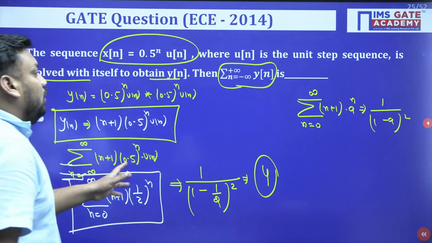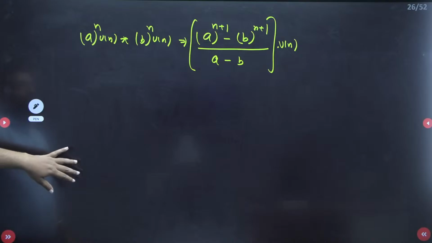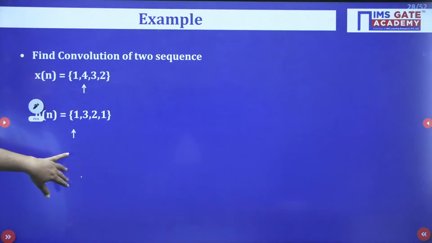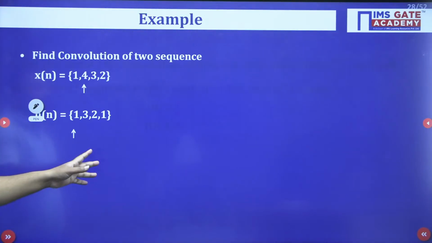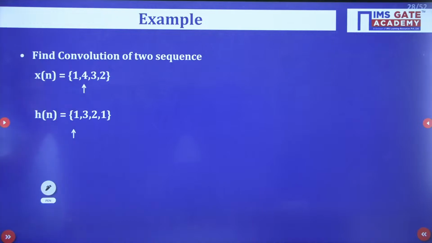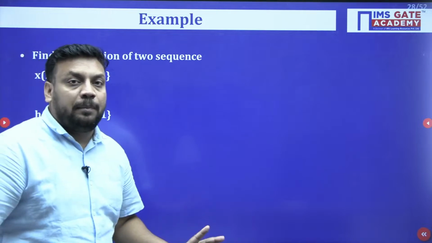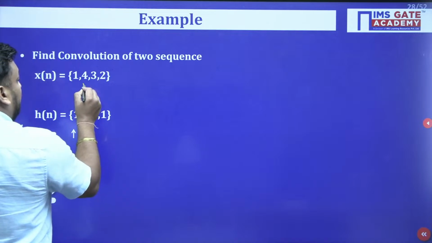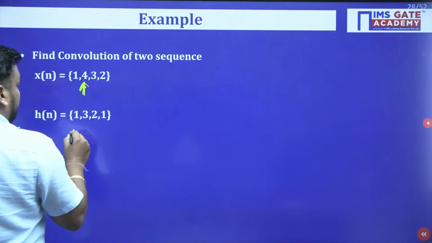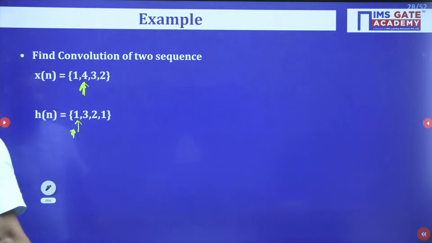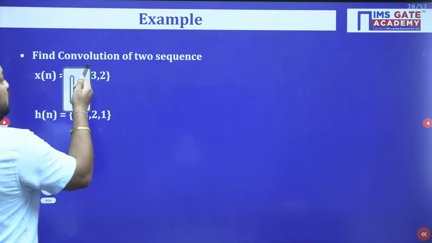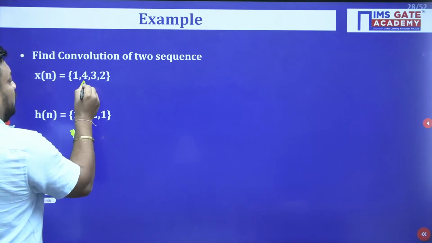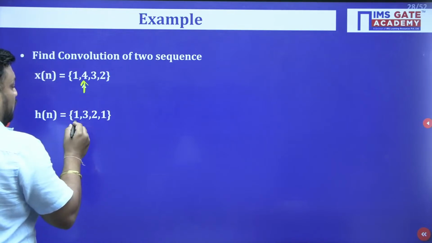Yes, students. So now we will solve the graphical approach, the sequence approach. If I talk about convolution, what exactly are we doing? Just see the conventional graphical approach. Suppose this is my arrow, and this is also my arrow.